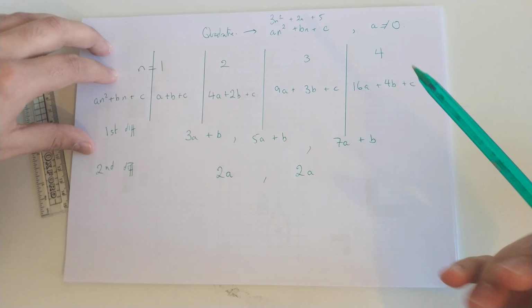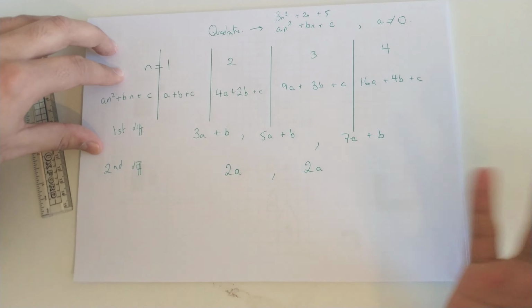So that's why at the very end, to finish off, we take this second difference and we divide it by 2, because what we want to do is work out what the value of a is. Because we only want 1a, I'm going to divide this by 2. If I divide the 2a by 2, I get exactly a. And that's why we divide by 2.